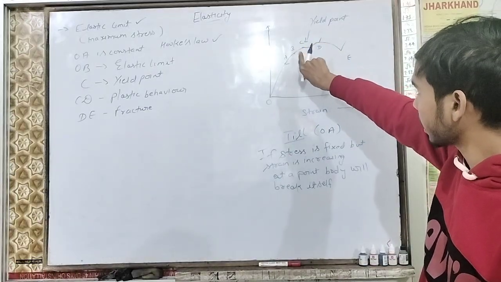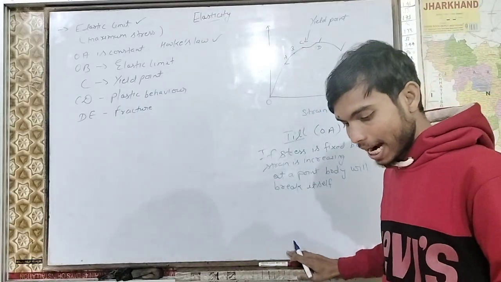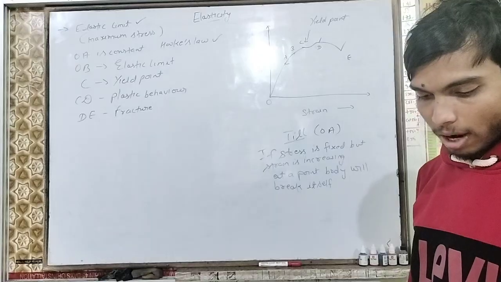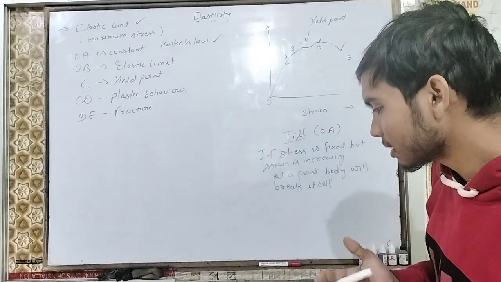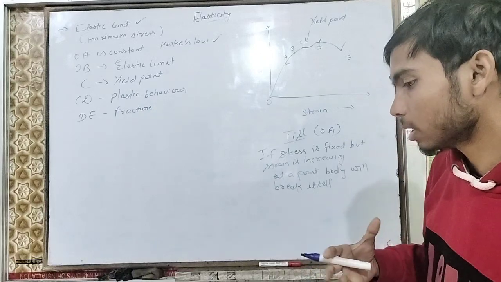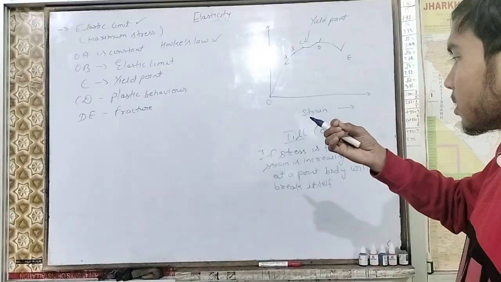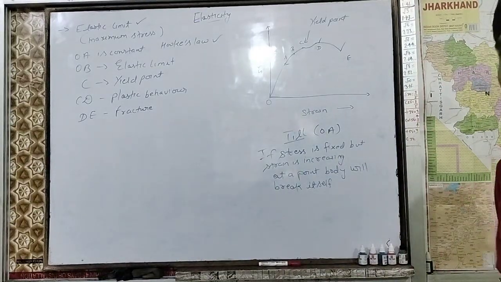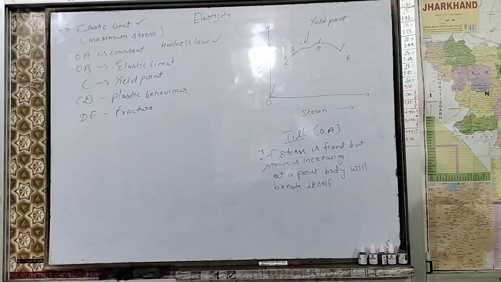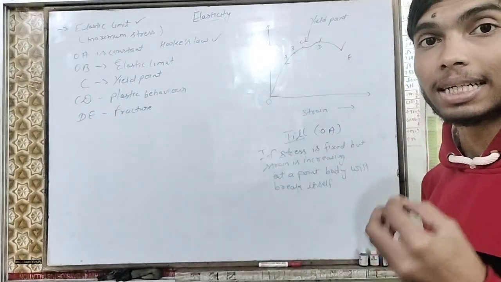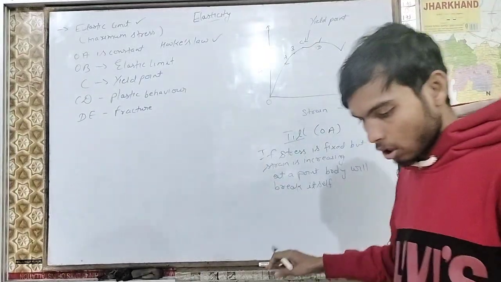This type of behavior can be observed around C, and at this stage, the wire begins to flow like a viscous fluid. Since we know strain is increasing, it means the thickness of the body is decreasing, like a fluid.